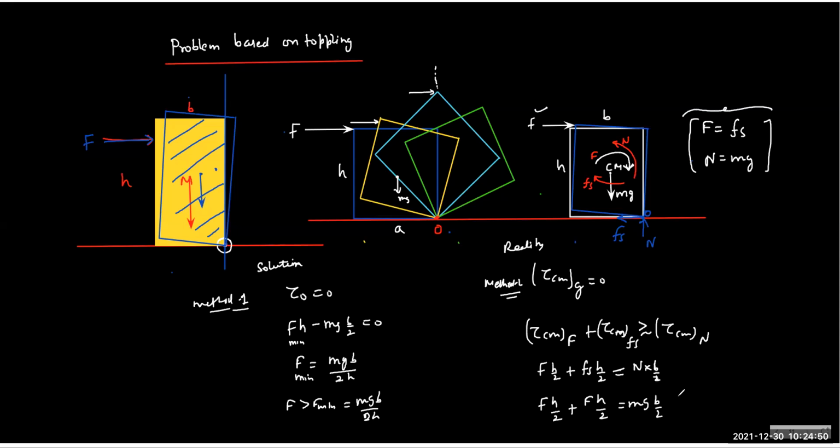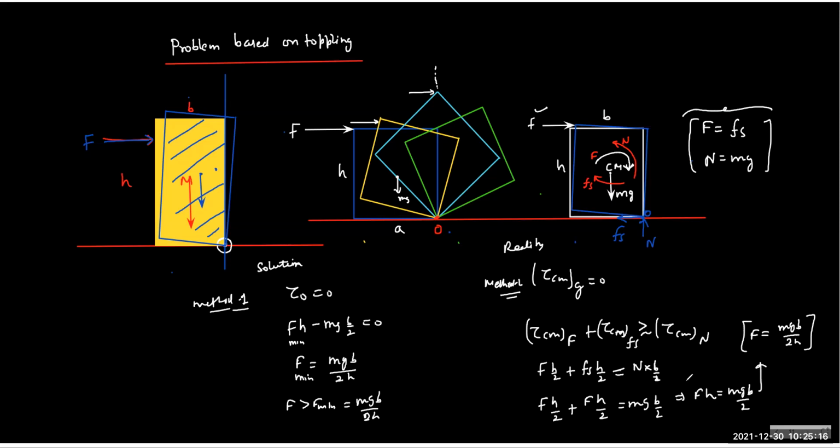So eventually it turns out to be the same answer. You could solve the way you want. There are two possible ways to attempt a problem. In the first, you may think it is gravity which is balancing: F is trying to topple and mg is trying to prevent. You can think that way.